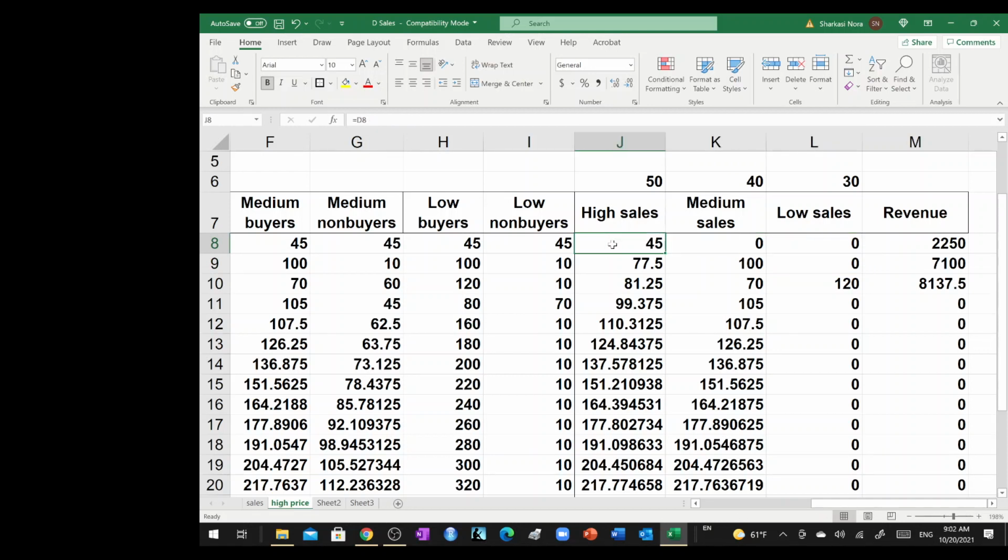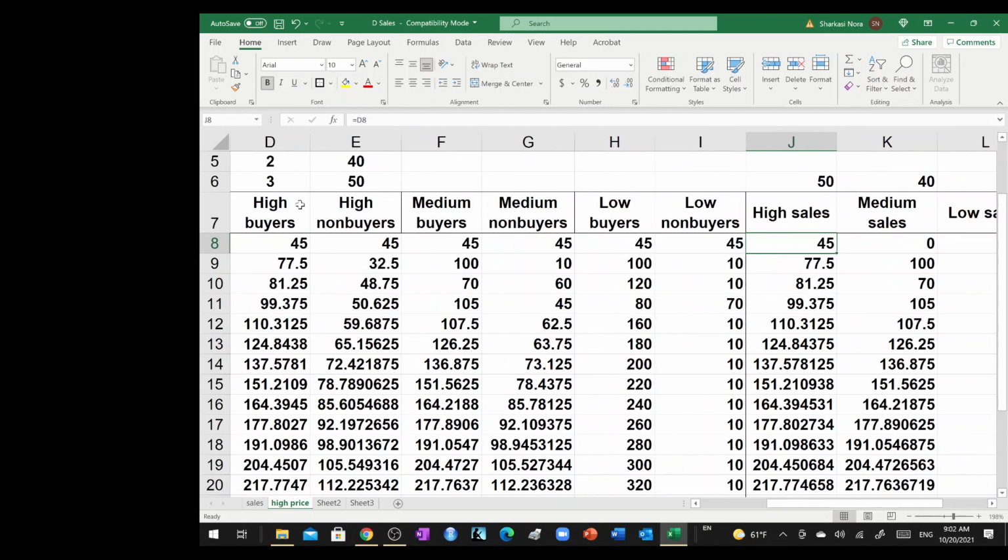So do you see the difference between this 45 over here, or this 45 over here, and this here, the medium buyers and the medium sales? The medium sales is actually the ones who are going to buy. The medium buyers are the ones who are in the market and ready to buy, but maybe depending on whether there's a surplus or not.